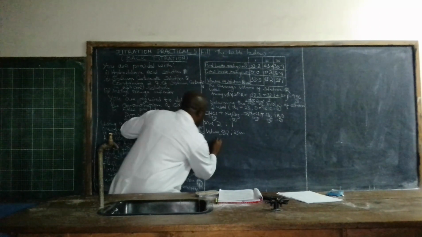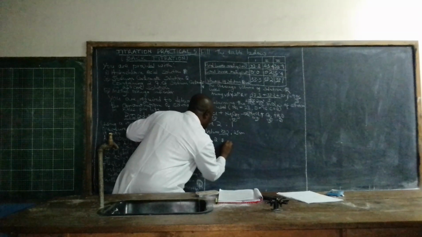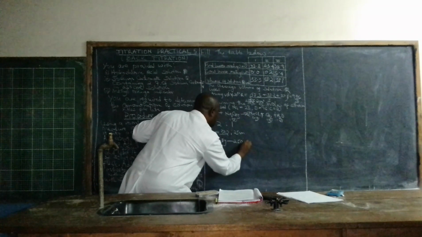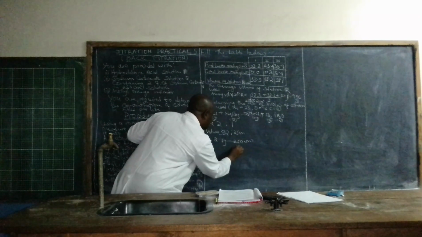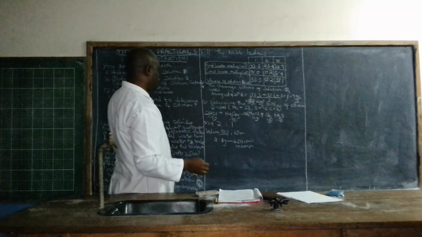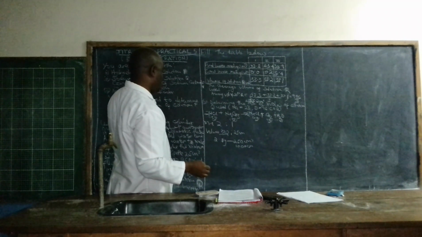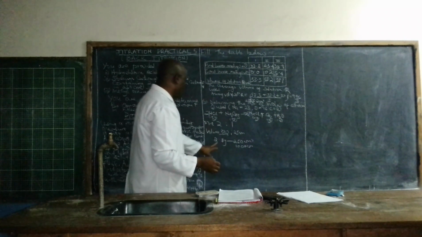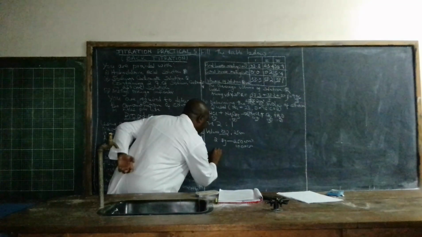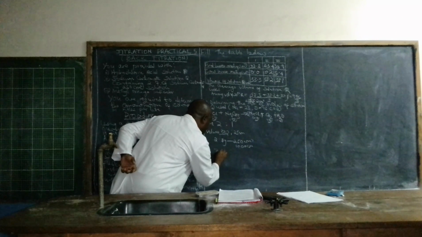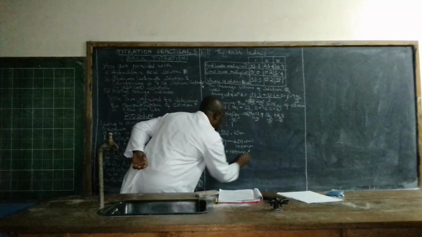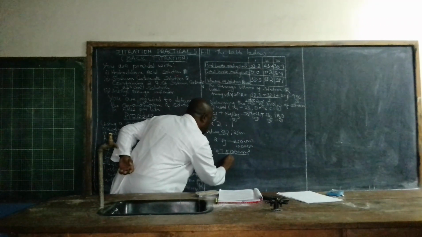If 2.7 grams were dissolved in 250 cubic centimeters, what about in 1,000 cubic centimeters? We cross multiply and get 2.7 times 1,000 cubic centimeters, over 250.